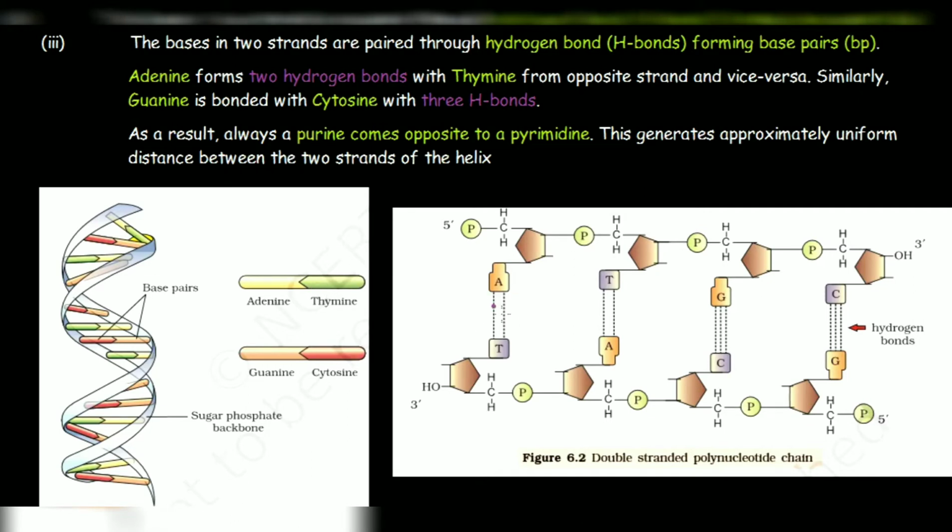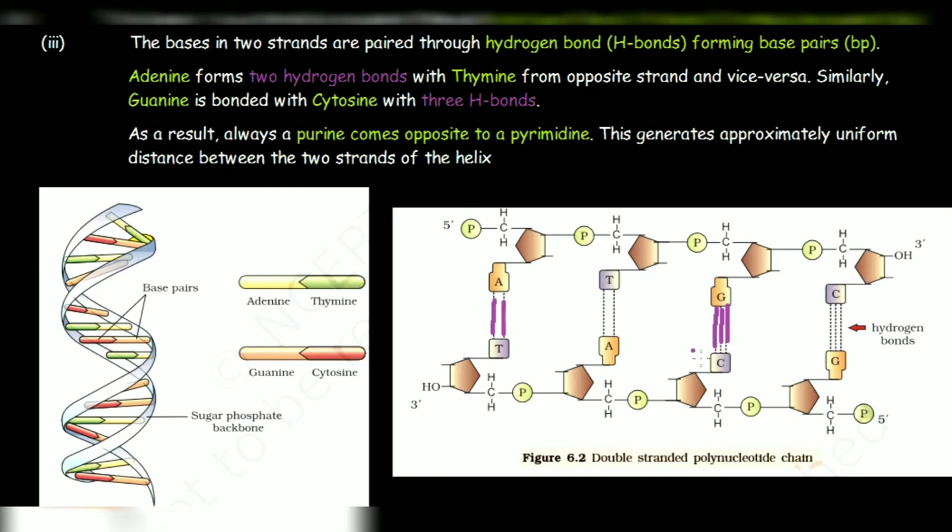Here you can see it forms two hydrogen bonds with thymine. And guanine is bonded with cytosine by three hydrogen bonds. This is a rule: adenine and thymine will always be bonded together with two hydrogen bonds, and guanine and cytosine will always be bonded together with three hydrogen bonds. This is in the case of DNA.